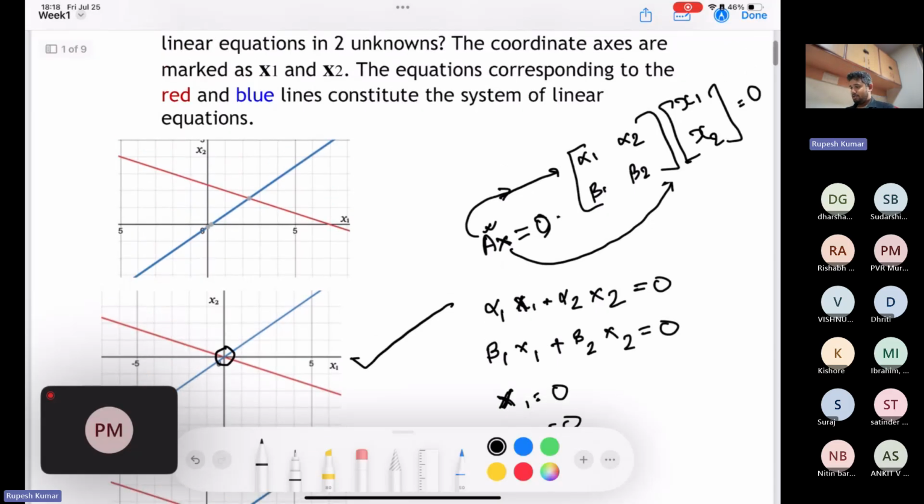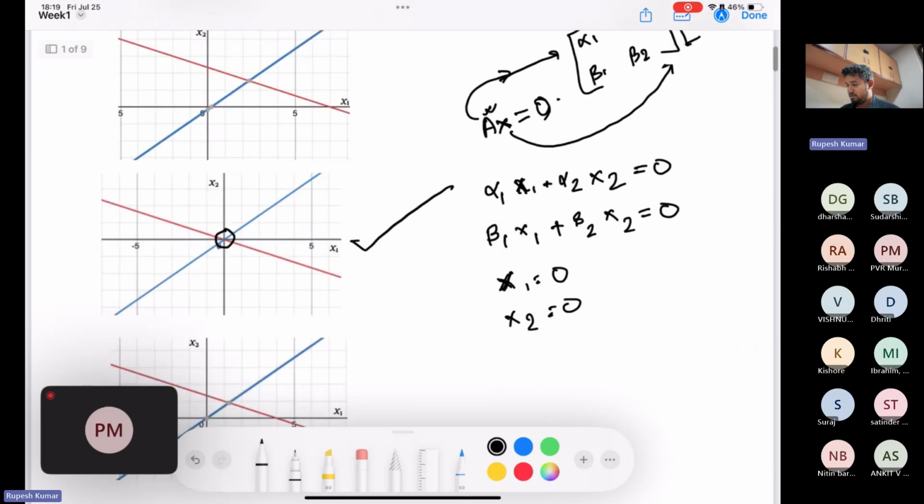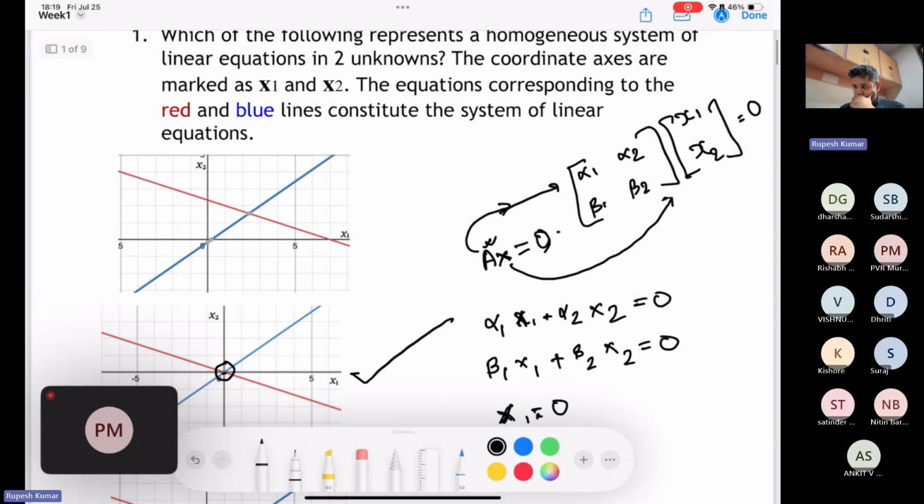So from this matrix-vector product, you can always get this system of linear equations, and you can solve them to find that x1 and x2 are 0, which is a solution to the system of equations. And geometrically, you can see that they intersect at the origin. Fine, everyone. I hope this is clear, and I have explained it well. So should we move on to the next question, everyone?